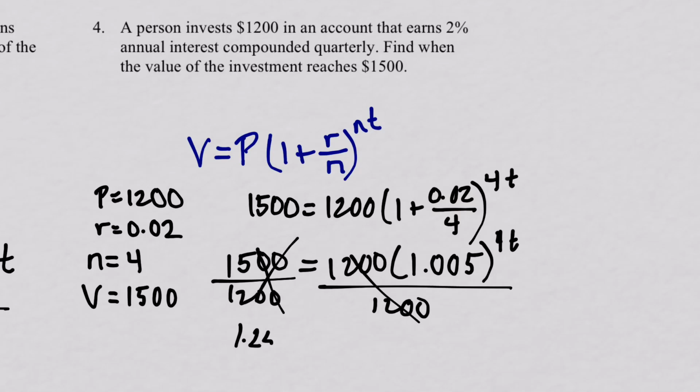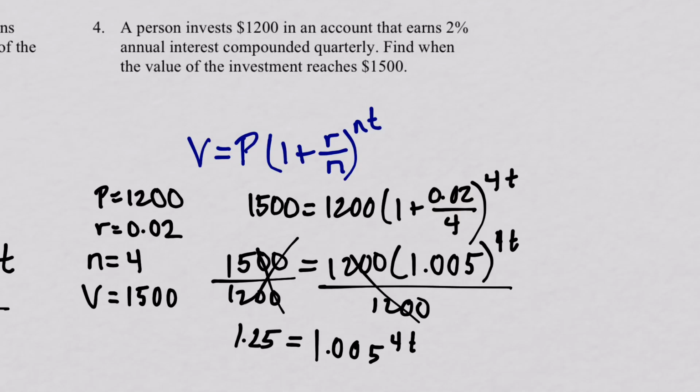I used a little bit of mental math there, but you could do that with the calculator. It equals 1.005 to the power of 4t. Okay, and at this point, calculator again. Under y sub 1, you're going to put 1.25.